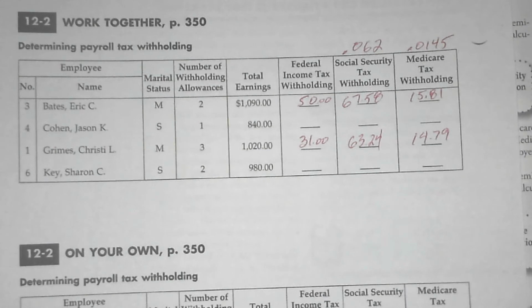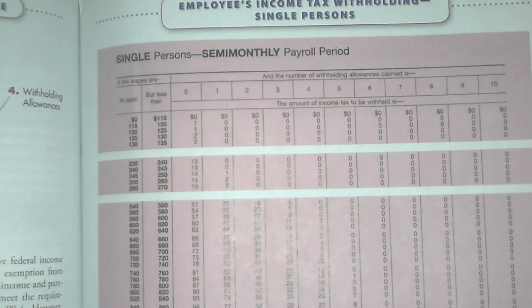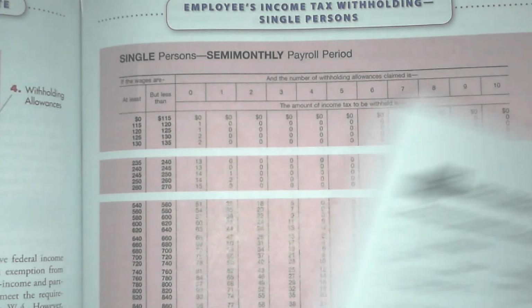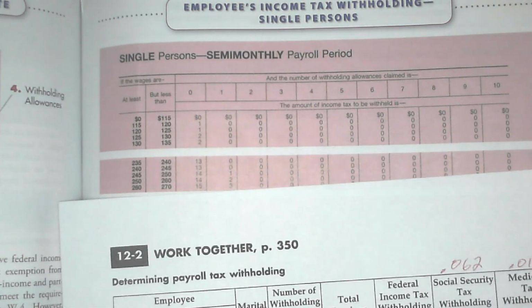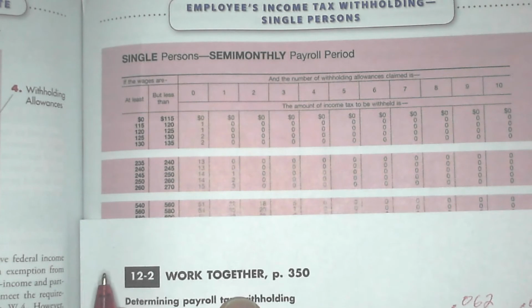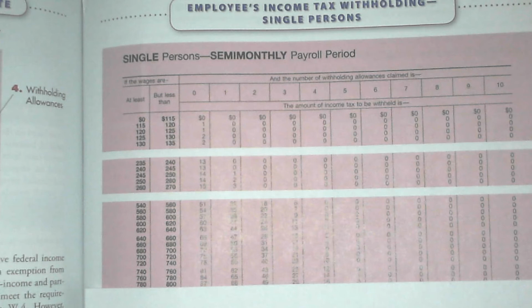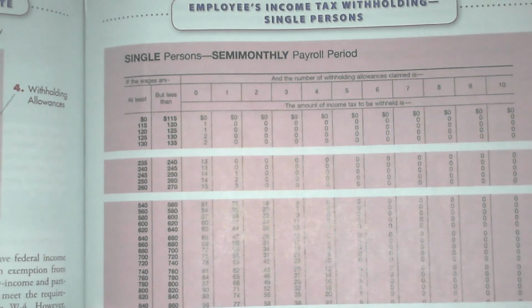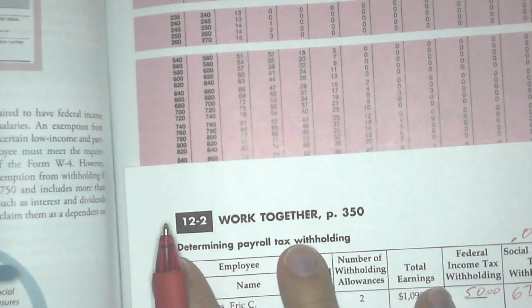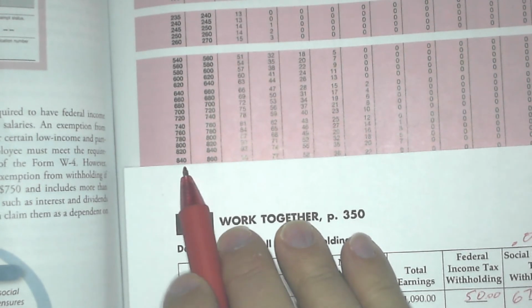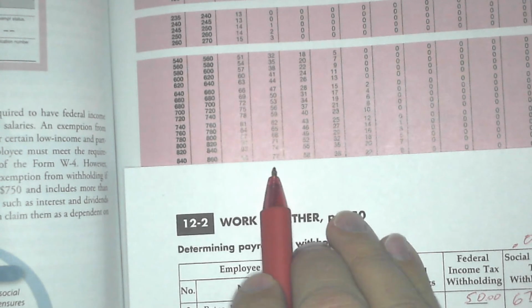And then the singles are going to work out the same way, except we just use a different table. So Jason, one allowance, made $840. So we'll find our at least 840. There's at least 840. He's got one dependent.